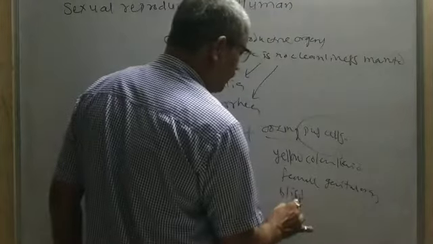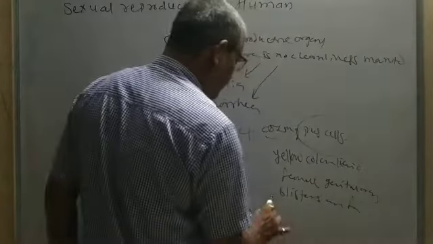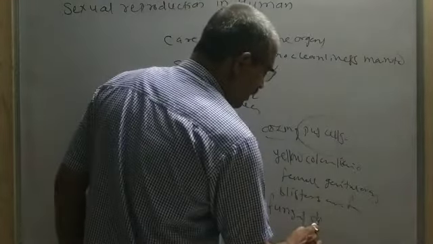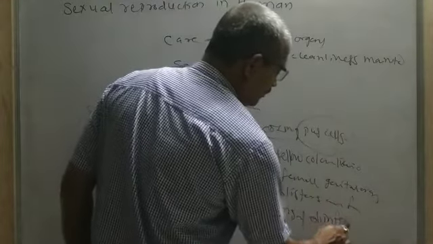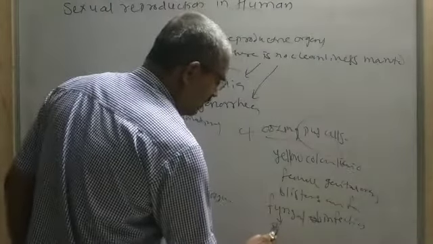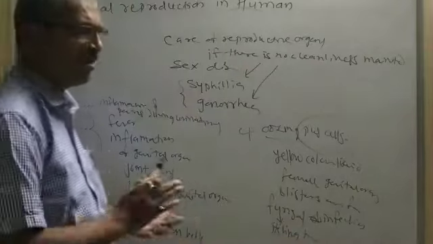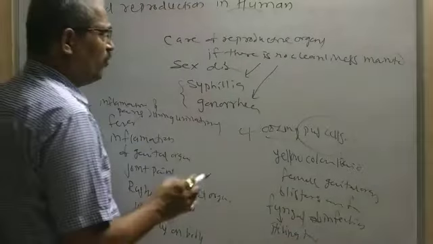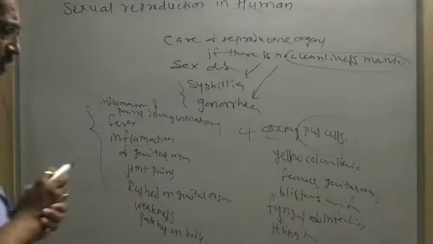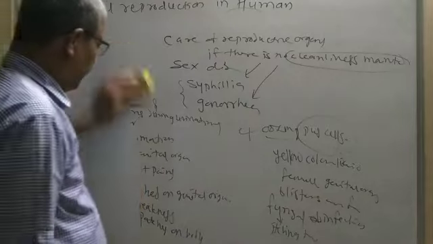Blisters are also formed, and besides that some fungal infection takes place. Because of it, itching takes place on the genital organs, if we do not take care about cleanliness.